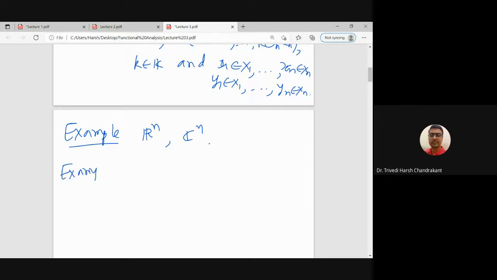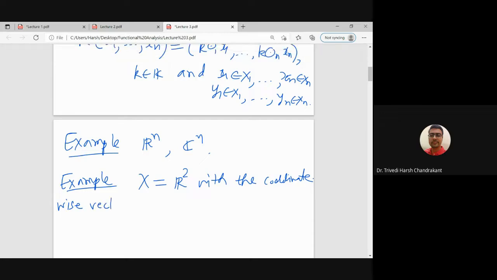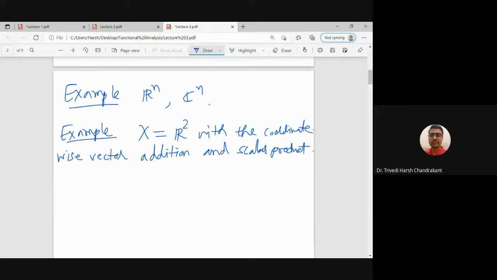So the example which I was discussing is that we take the vector space to be R2 with the coordinate-wise vector addition and scalar product. We already defined vector addition and scalar product above.